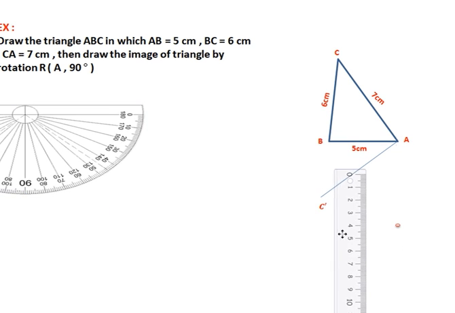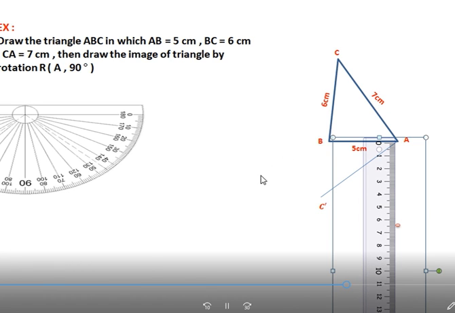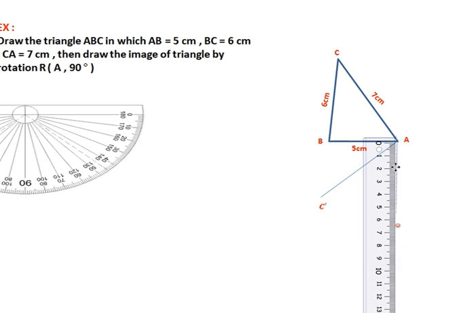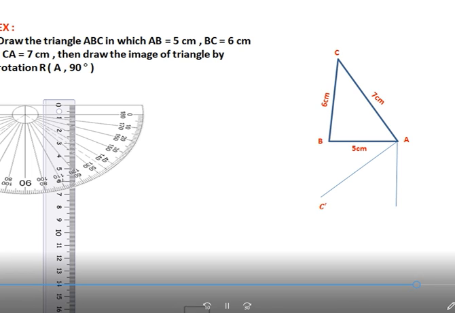AB is 5 centimeter, so using your pencil draw a line segment from A equal to 5 centimeter. Then we can remove this point and determine the point B dash.